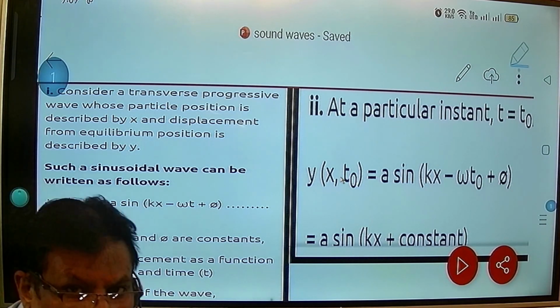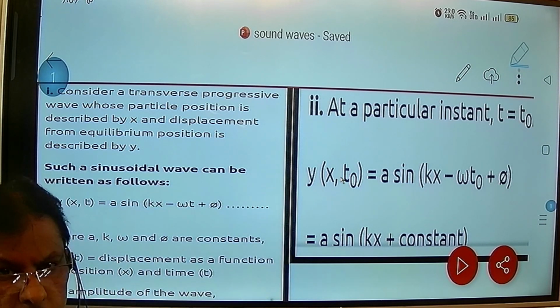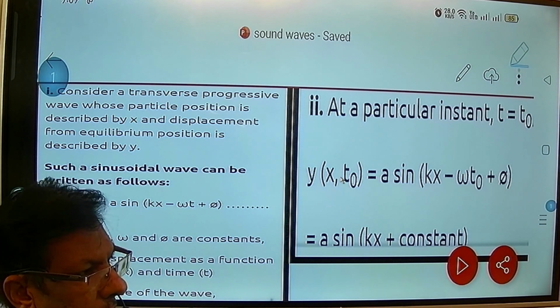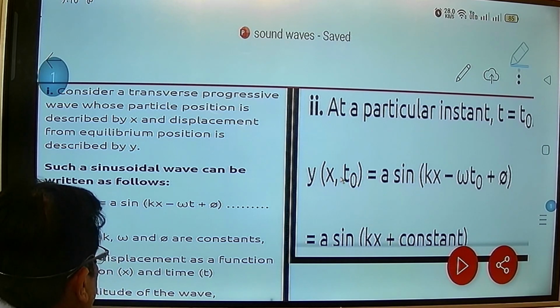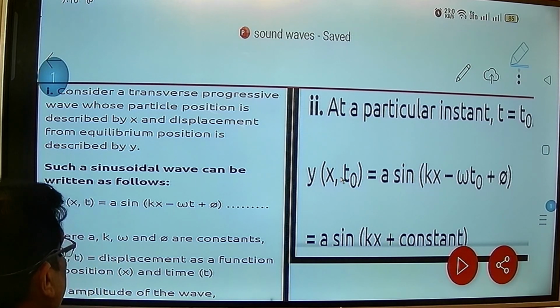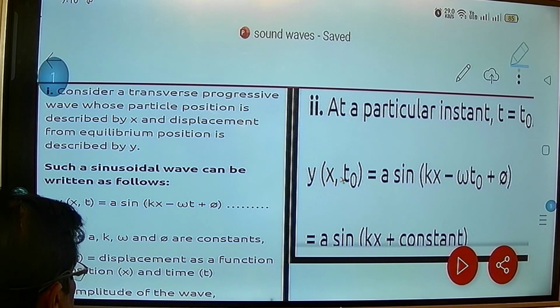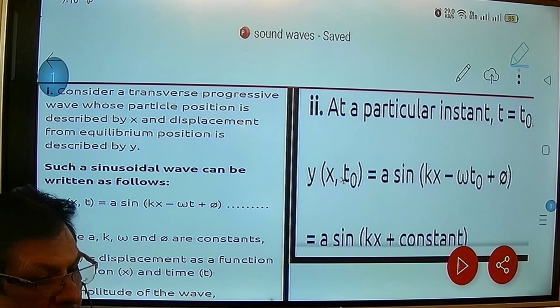So, in that situation, when I say that particle position is very important, it should be described by some factor that is called x, and displacement from the equilibrium position is described by y.